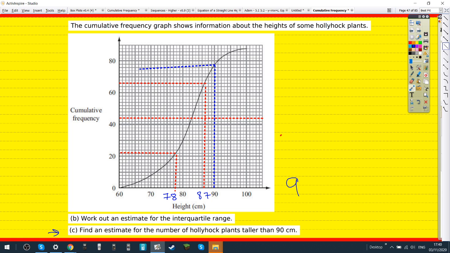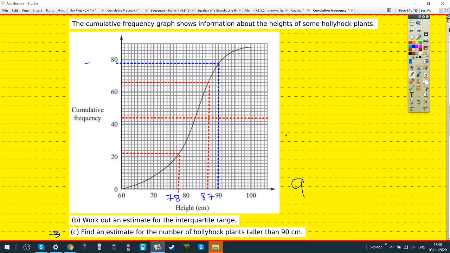So that is around like 17. This is going up in twos, right? So 78. Well done. 78, and taller than 90.